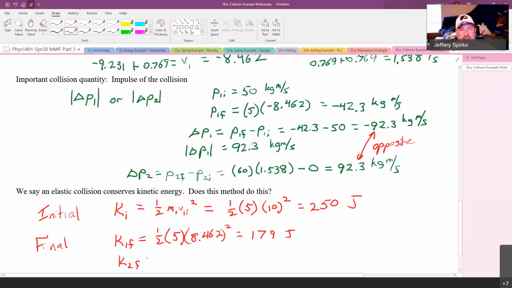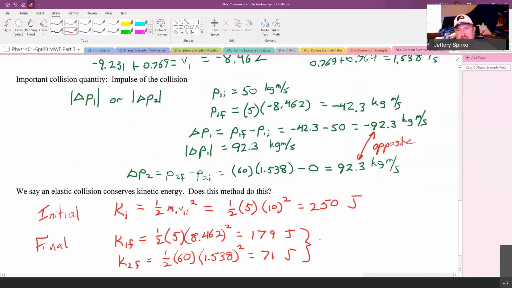K2 final is 1/2 times 60 times 1.538 squared. So 1/2 times M2 times V2 final squared is 71 joules.